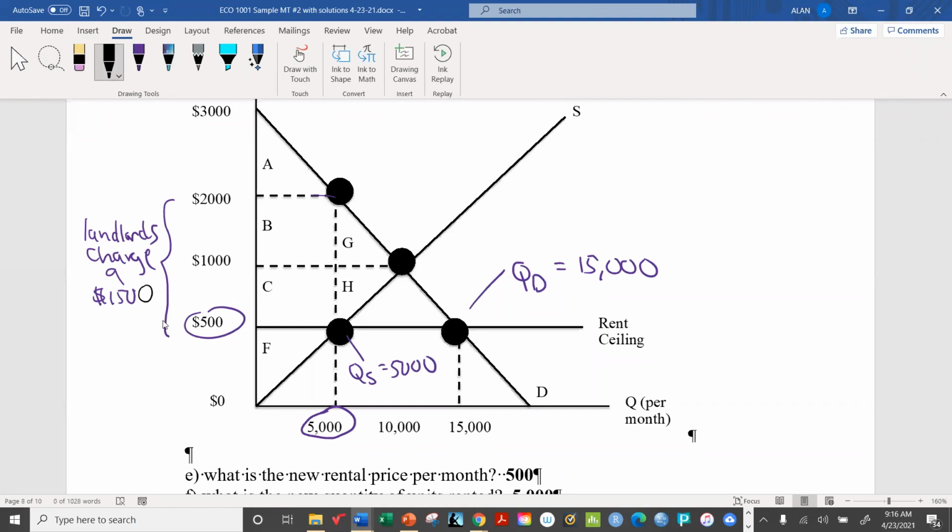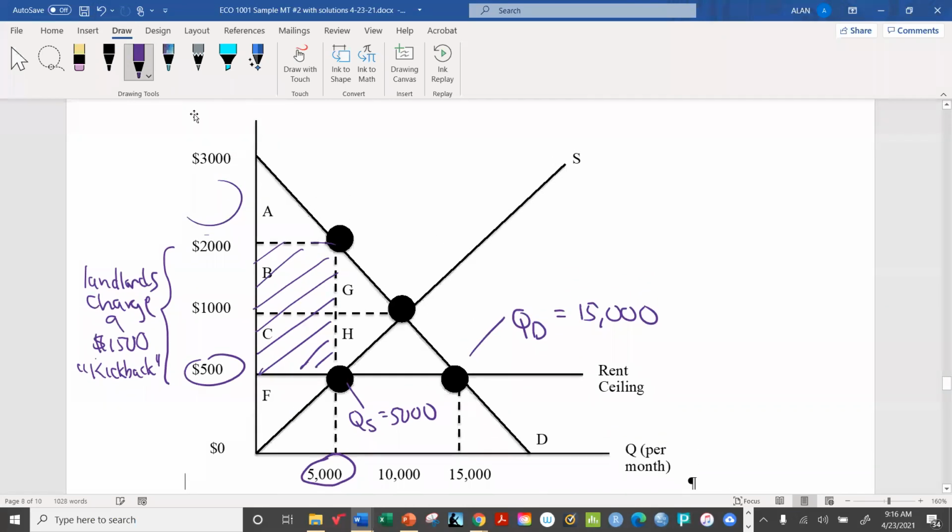So we're assuming here that there's a kickback. And that means all of this is the kickback, and that brings the black market price up to $2,000.